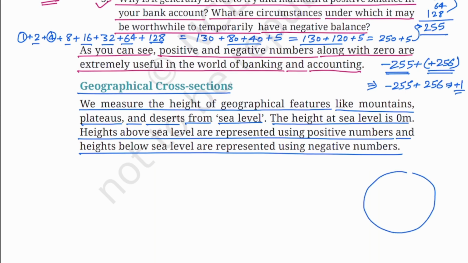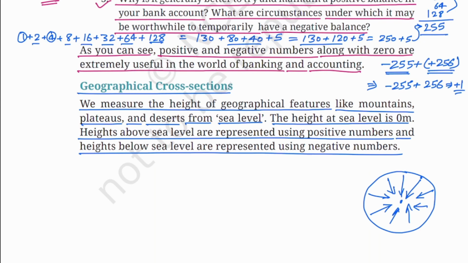There is a reason to take sea level as 0 meter because sea level remains constant throughout the world due to force of gravity. The level of water in the sea and oceans remains constant.